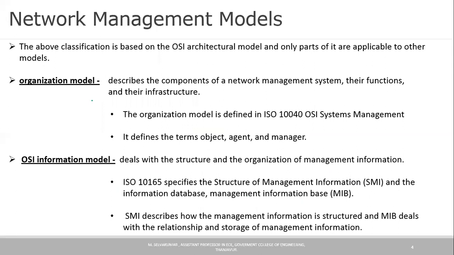So we discussed the architectural model of the OSI network management, the OSI standard used to maintain network management. Among these four models, the organization model of the OSI systems describes the components of the network management system, their functions and their infrastructure.